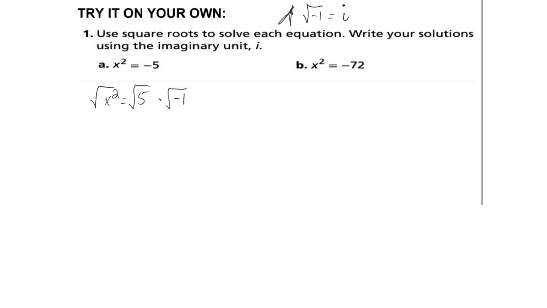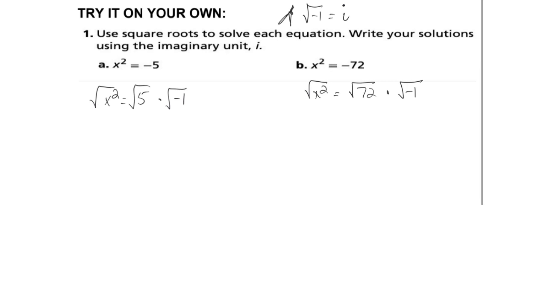Do this for the next one as well: x squared equals negative 72, so the square root of 72 times the square root of negative 1. I'd like you to try these on your own, and then I'll quickly go through them. So pause this if you can.